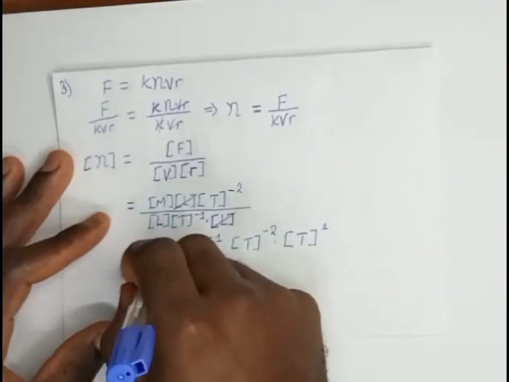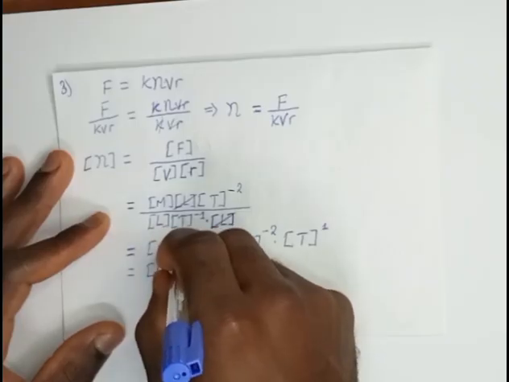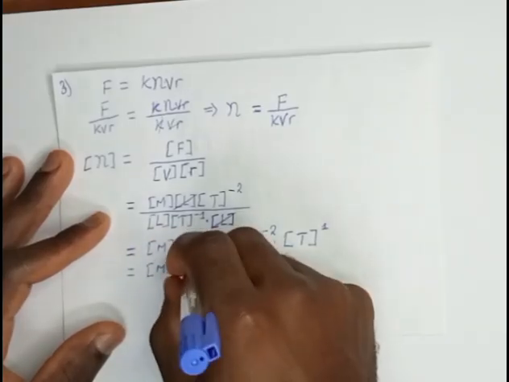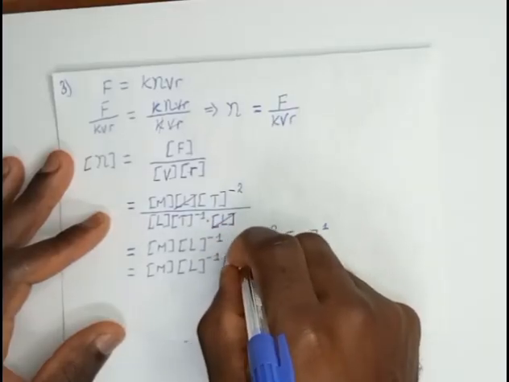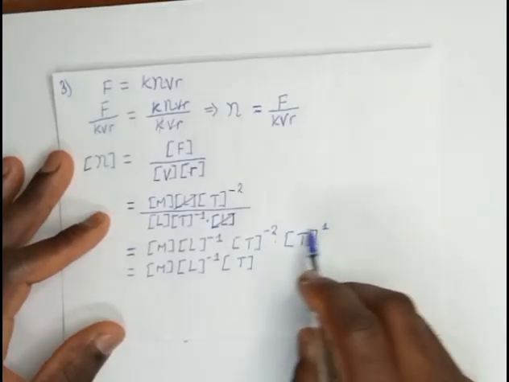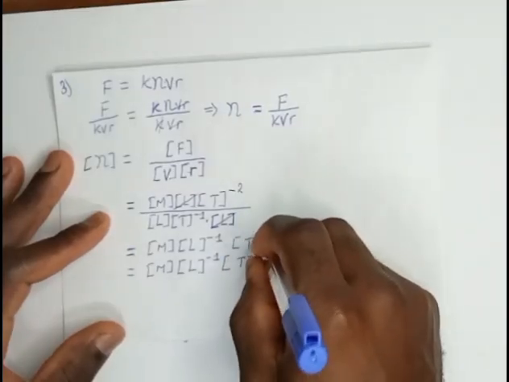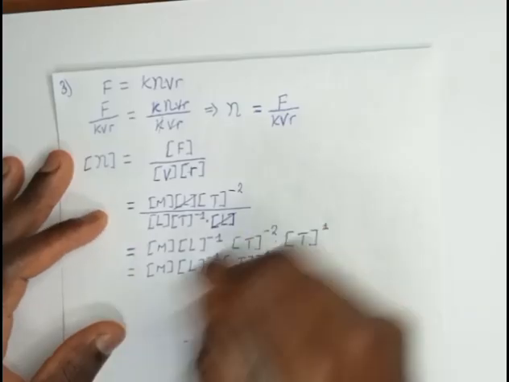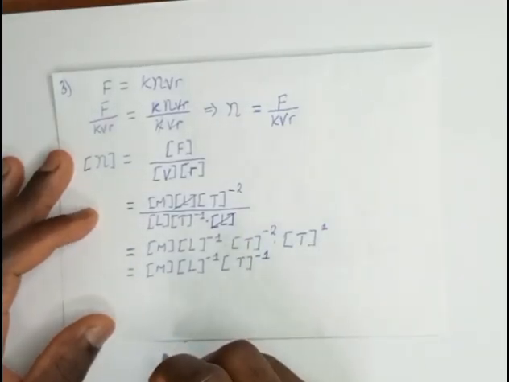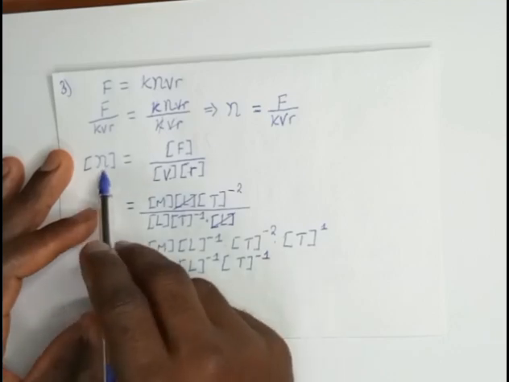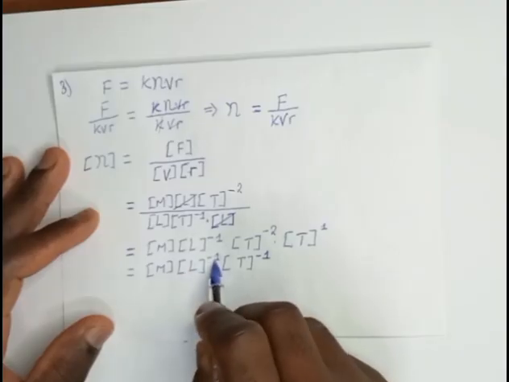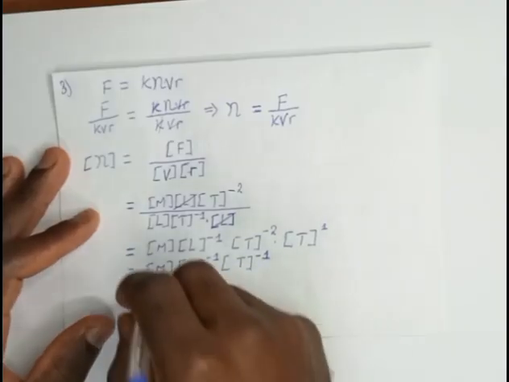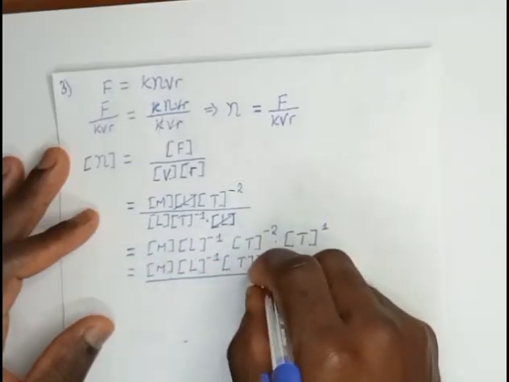So this will be equal to M times L to the power negative 1 times T to the power negative 2 plus 1 gives us negative 1. Therefore, the dimensions of eta is simply M L to the power negative 1 T to the power negative 1.